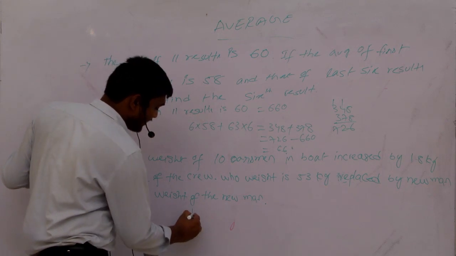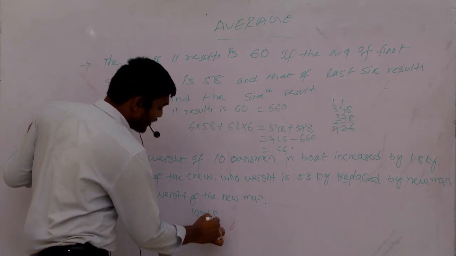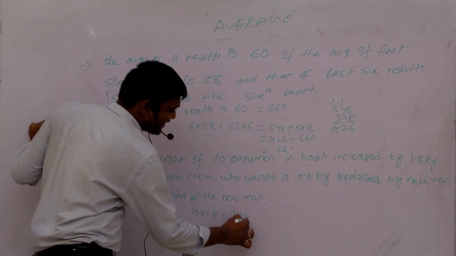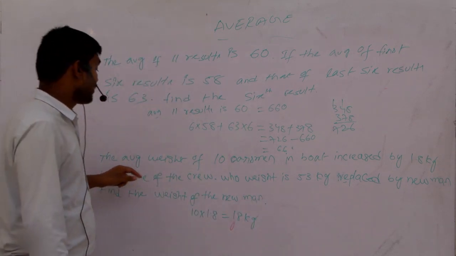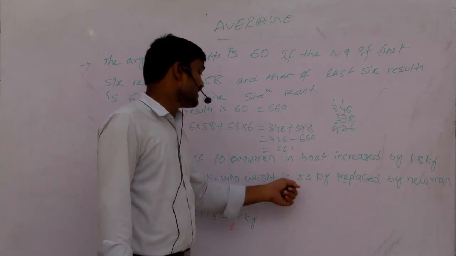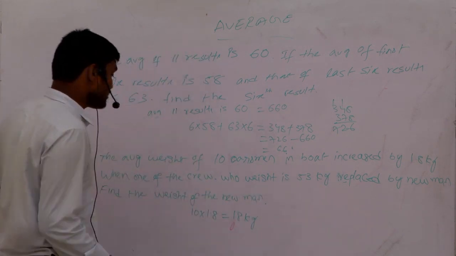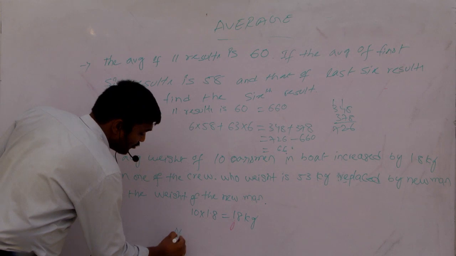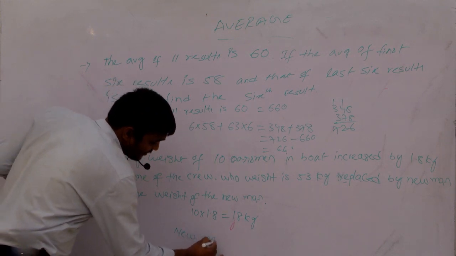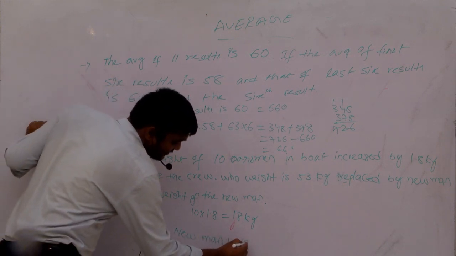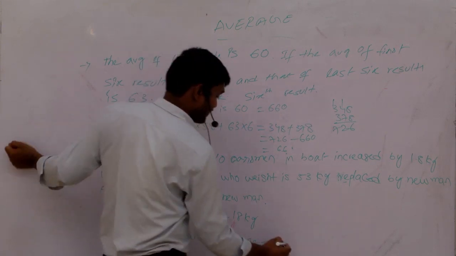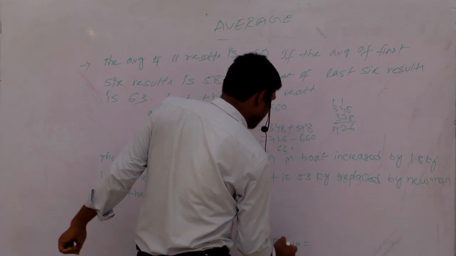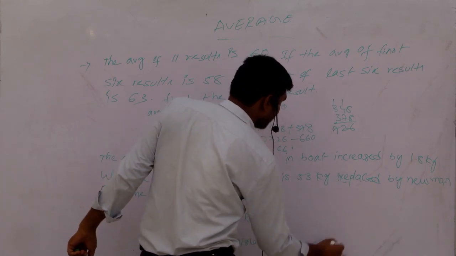So that's why 10 into 1.8, that is 18 kg. The crew member weighed 53 kg, so the new man's weight is 53 plus 18, that is 71 kg.